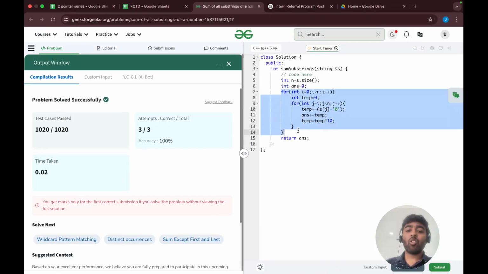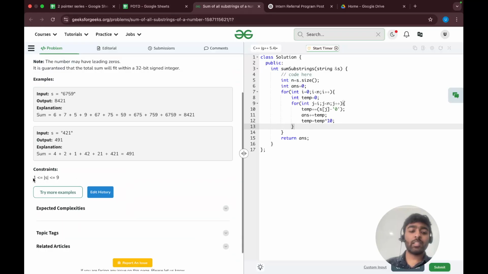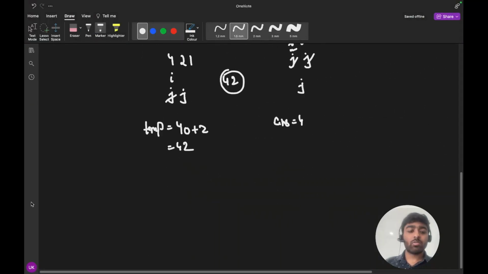It is taking O of n square time. Here the size of the string is only up to 9, that's why it is not giving TLE, but the solution is running in O of n square because we have two loops. We have to come up with a more optimized solution. So see the optimized solution for this question.